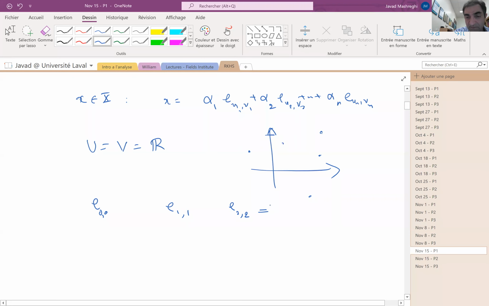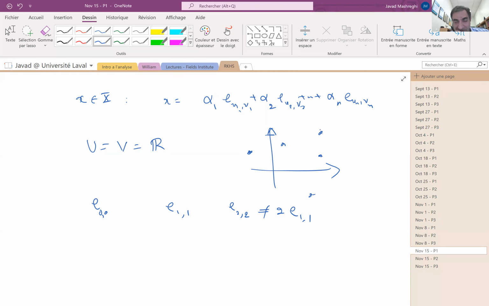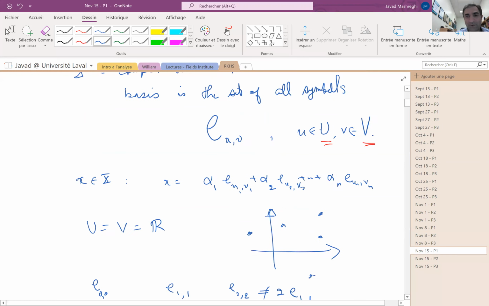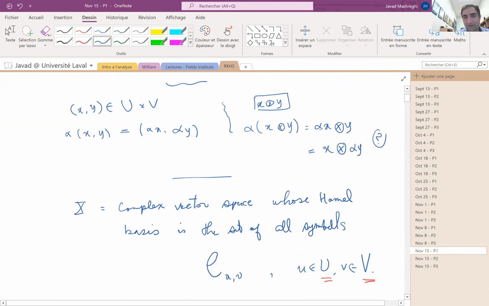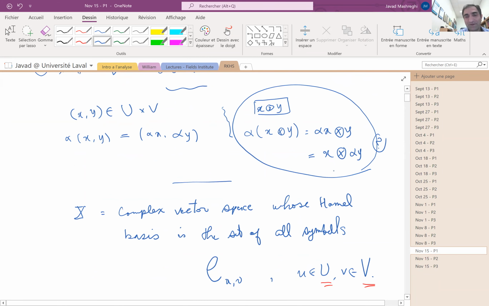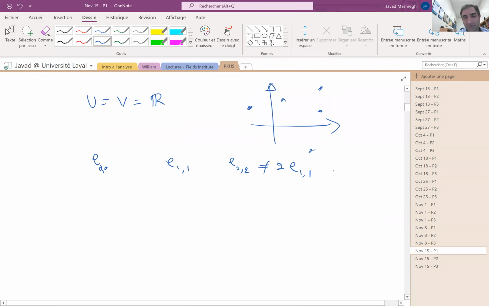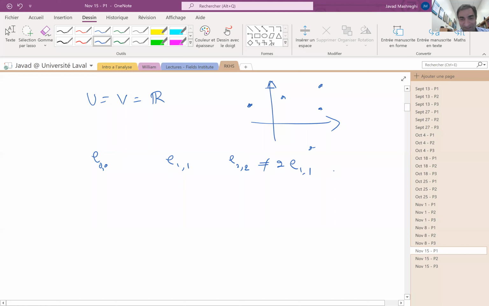Each one of these points acts as an element of the Hamel basis. So there are really many, many of them, even in this case. And now to realize this goal, we need to somehow eliminate some of these elements.